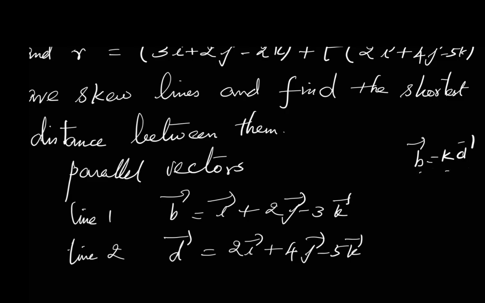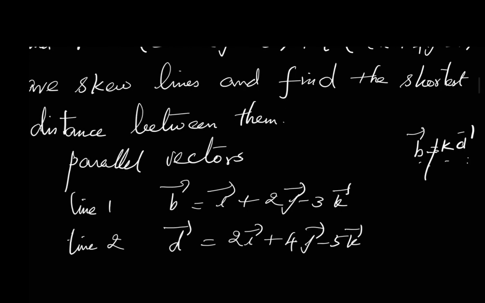Here we cannot take any common factor outside, so I cannot write one vector as a scalar multiple of the other.